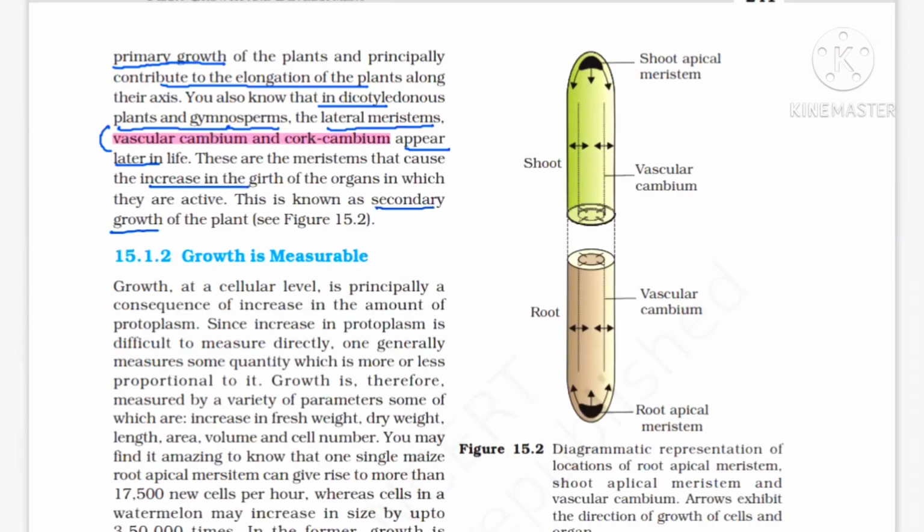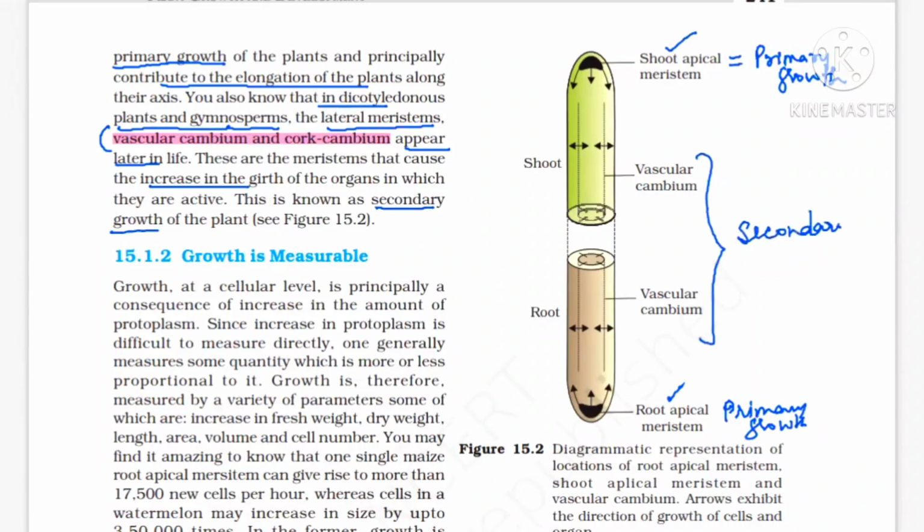So now see the question: shoot apical meristem and root apical meristem are responsible for primary growth. They both are responsible for primary growth, means increase in the length only. But vascular cambium and cork cambium are responsible for secondary growth.